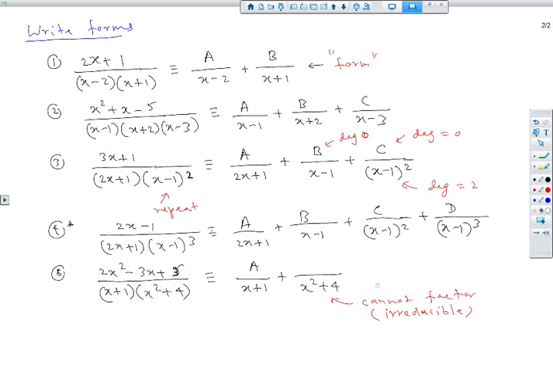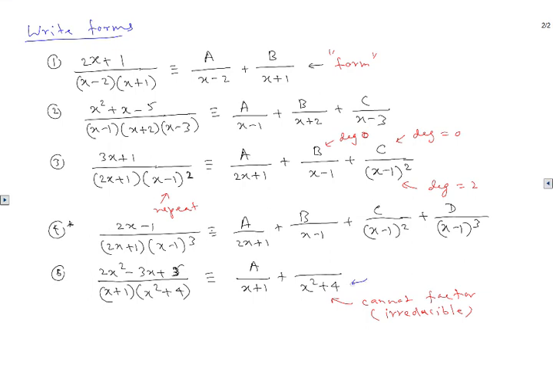So this is degree 2, so the numerator has to be degree 1. That means it's Bx plus C. So we need to find B and C in this case. So that's a special situation. If you have an irreducible quadratic, then the numerator has to be degree 1.